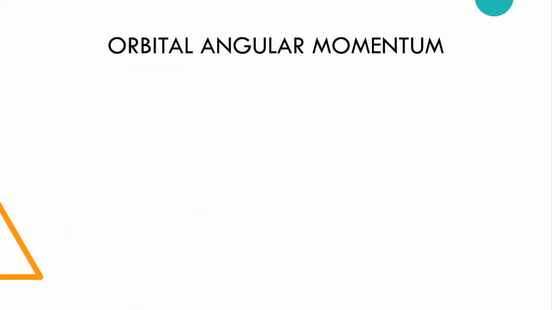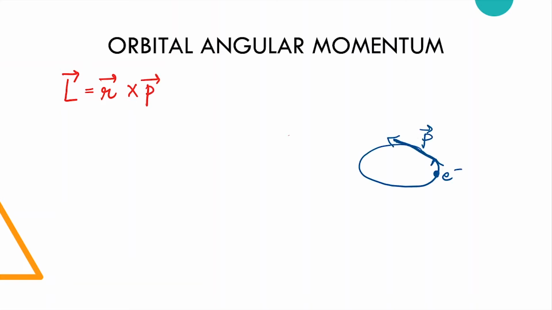Firstly, we will see the expression for orbital angular momentum. We represent the orbital angular momentum with capital L, and we simply represent it by r cross p. This order is important. Take an electron moving in this orbit.